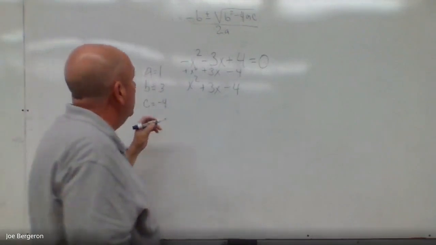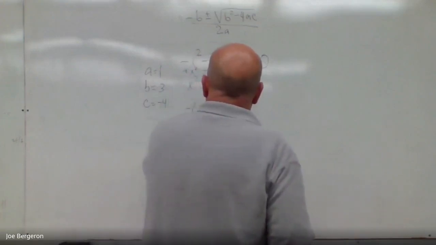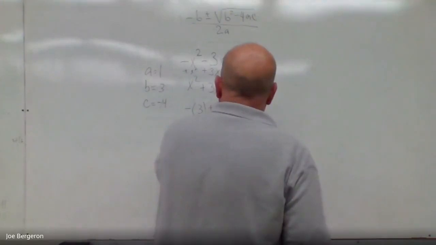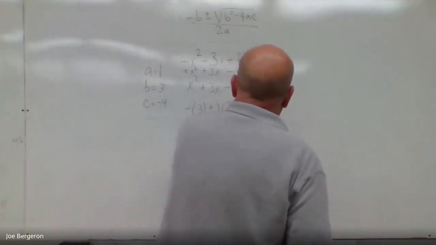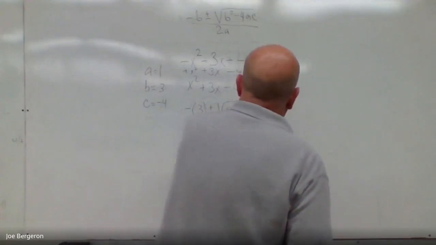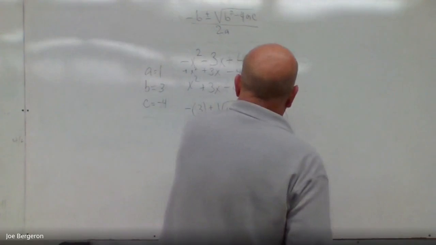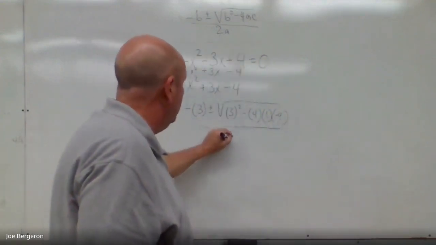Okay. So negative B plus or minus the square root of B squared minus 4 times A times C, divided by 2 times A, and 2 times 1 is 2.